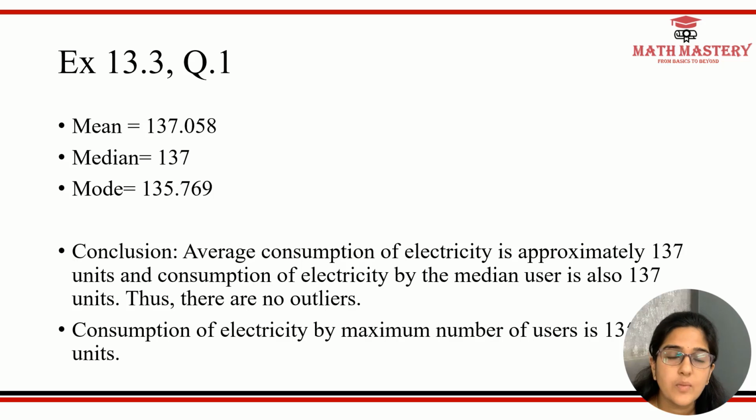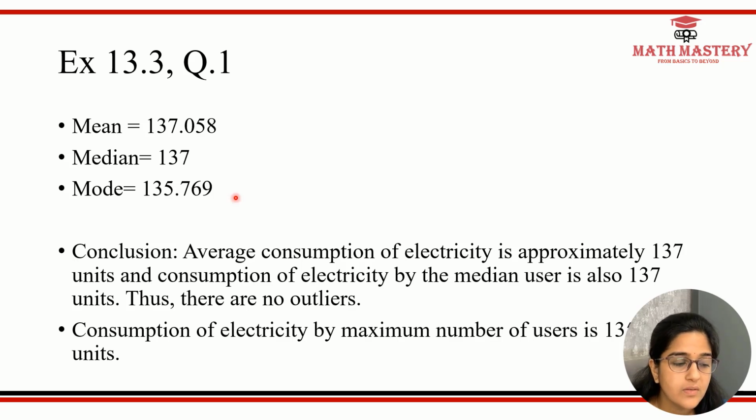So what is the question? The question states: find out the value of mean, median and mode and compare these values. So you see that the value of mean is 137.058, the median is 137 and the mode is 135.769.